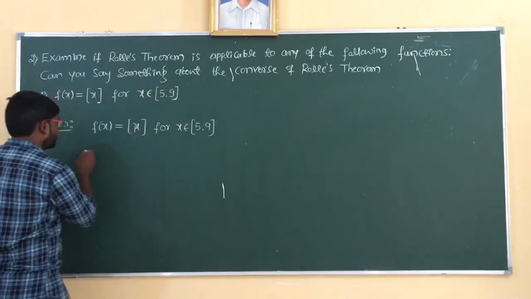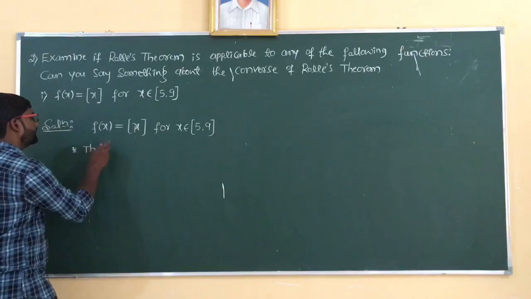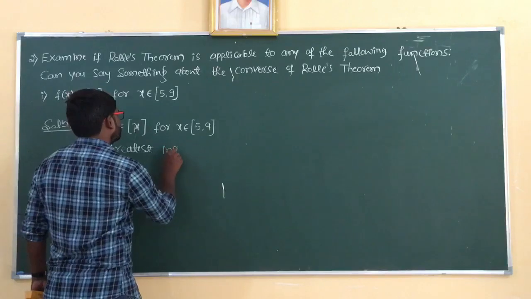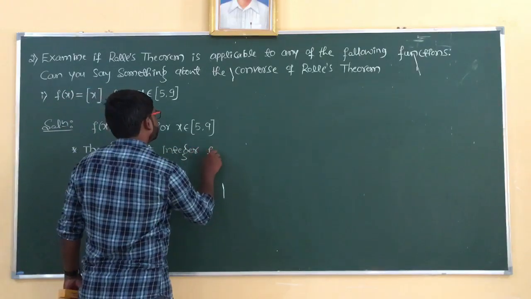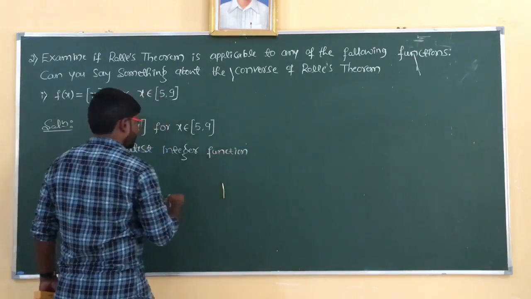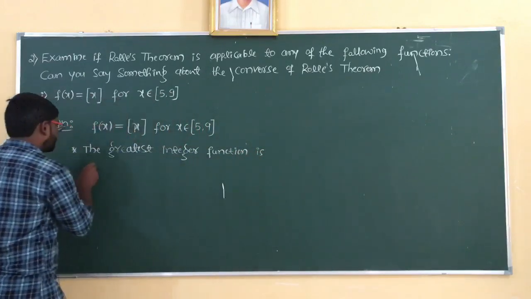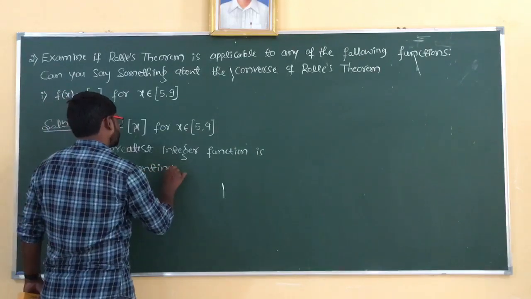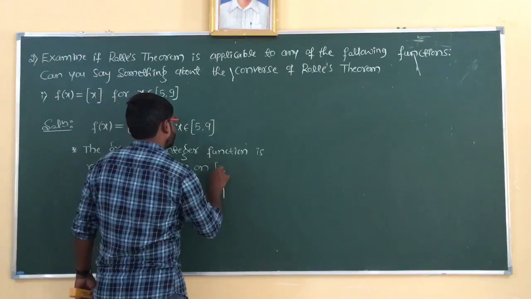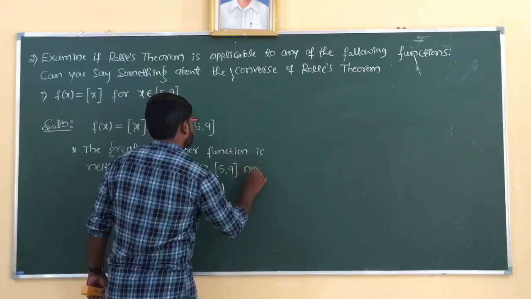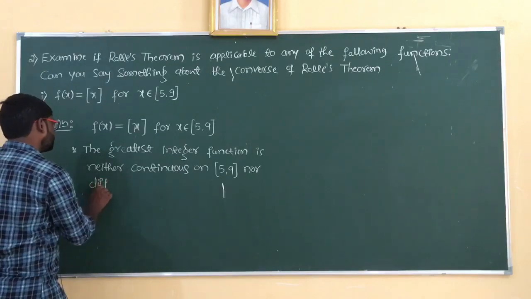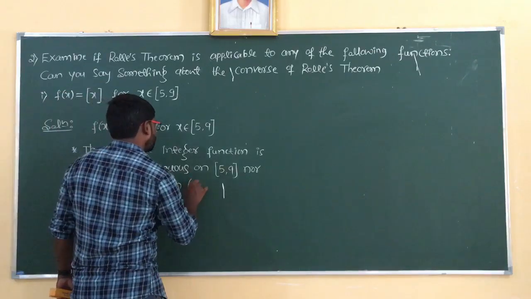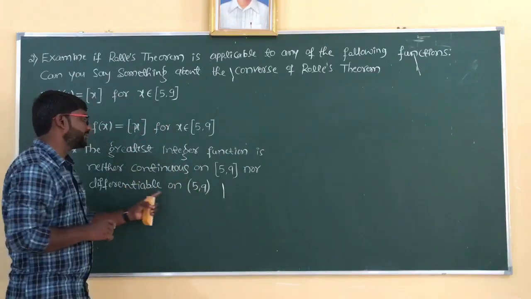See here, the first point is, the greatest integer function is neither continuous on the closed interval 5 comma 9, nor differentiable on the open interval 5 comma 9.